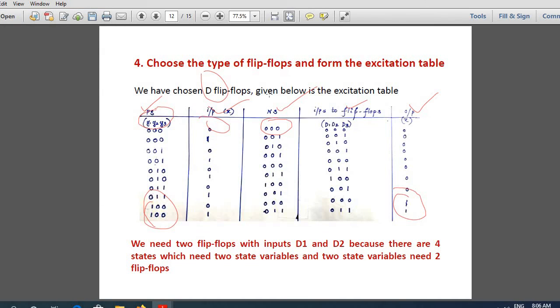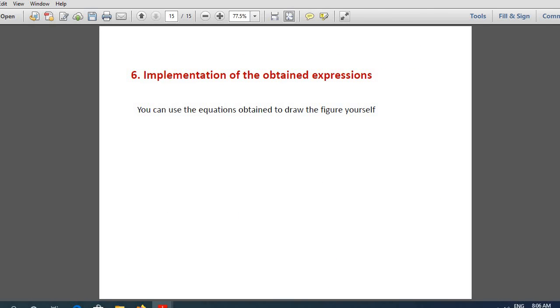Just a second. 000, 001. Next state. Based on small y1 and capital Y1, the first bit, you have to find D1. Similarly, based on small y2 and capital Y2, D2. And based on small y3 and capital Y3, you have to go for D3. So this way you can complete the excitation table.